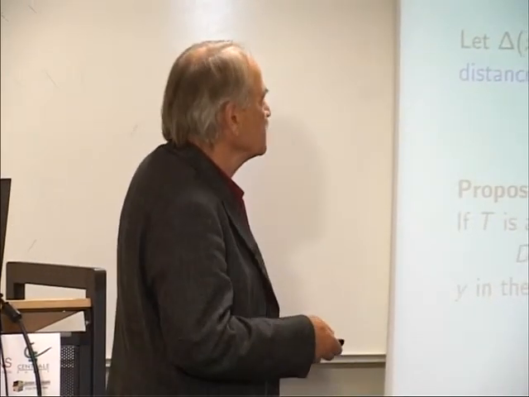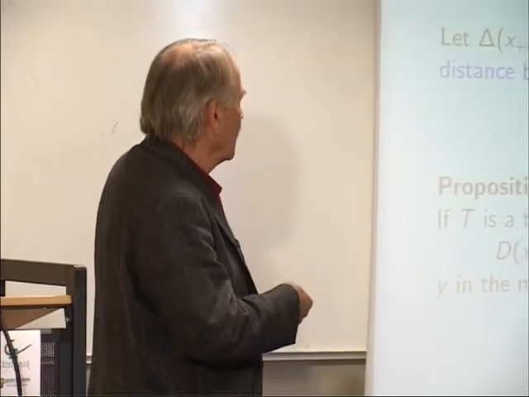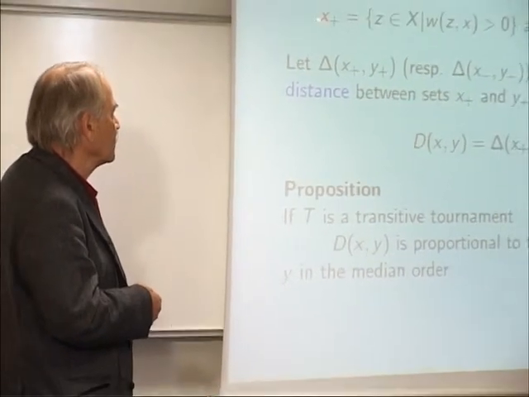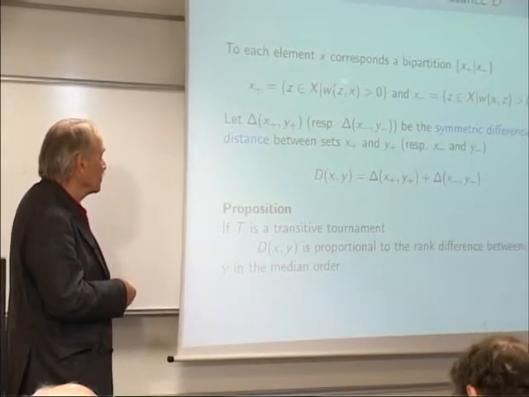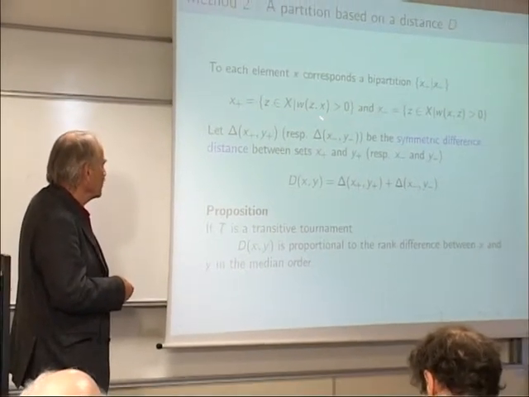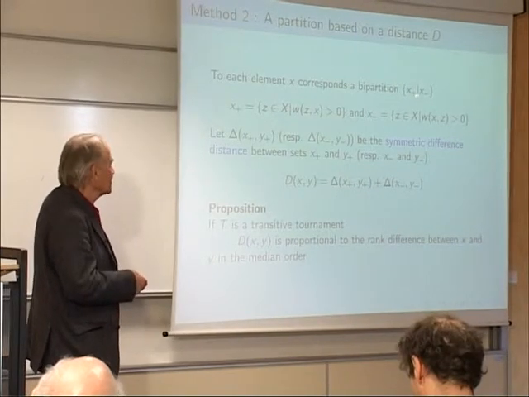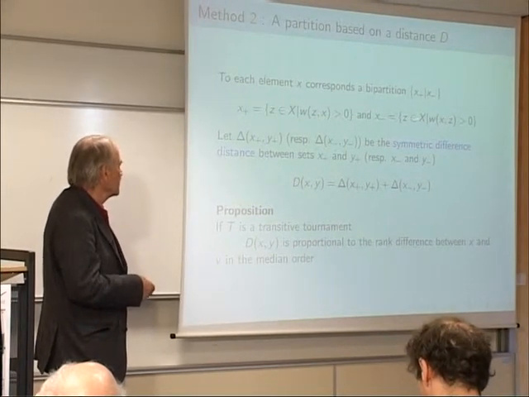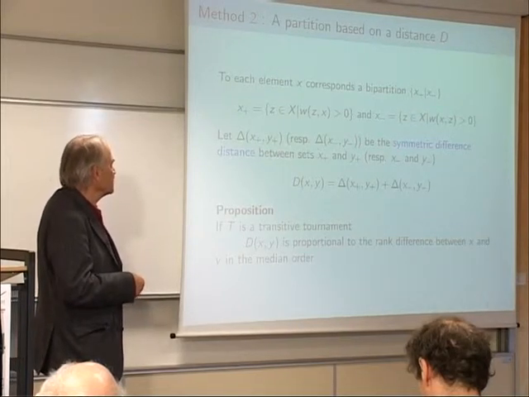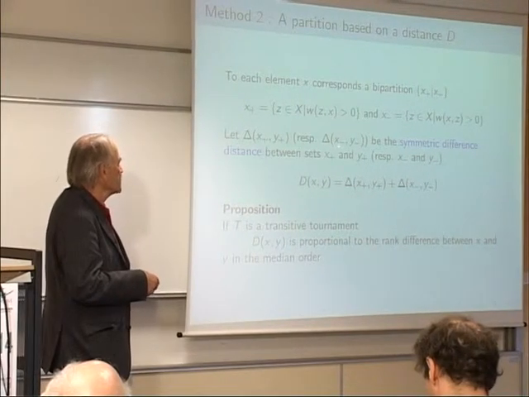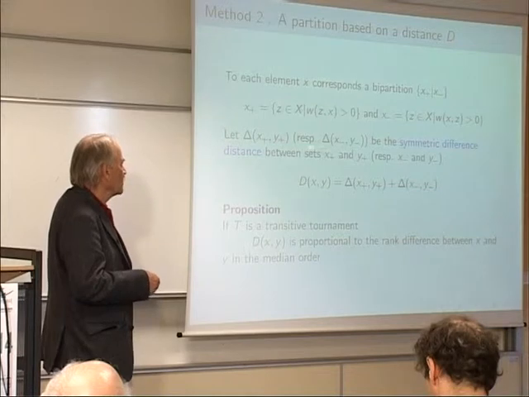The distance is natural because for any element X, you have the set of elements that dominate X and the set of elements that are dominated by X. So it's X plus and X minus, these two sets, and you can count the symmetric difference distance between these two parts for X and Y, X plus, X minus, compared to Y plus and Y minus.